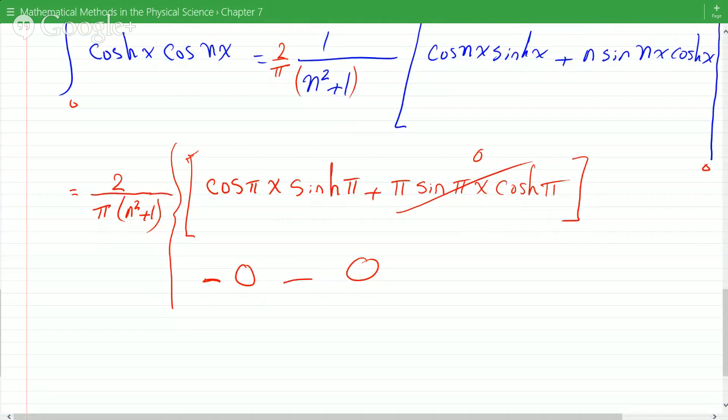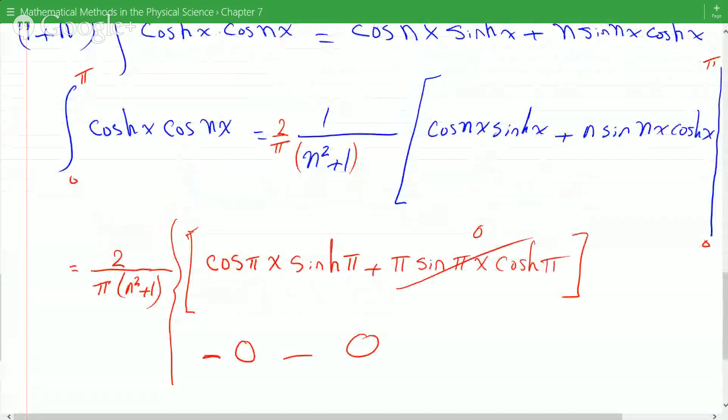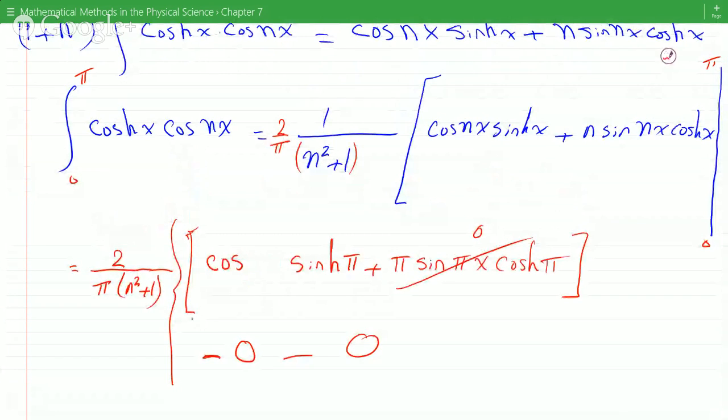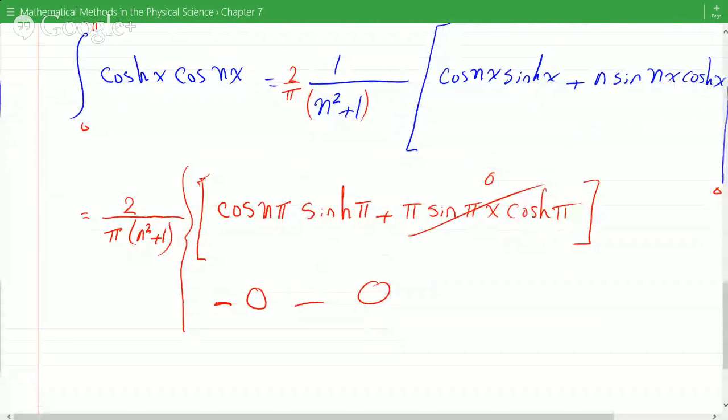Okay, so we did in fact get somewhat of a clean expression here: cosine n pi sine hyperbolic pi.